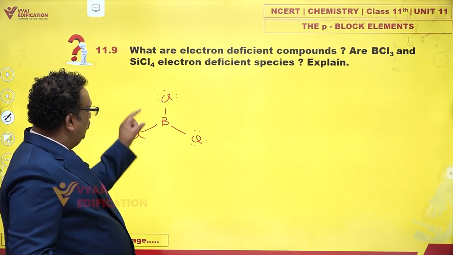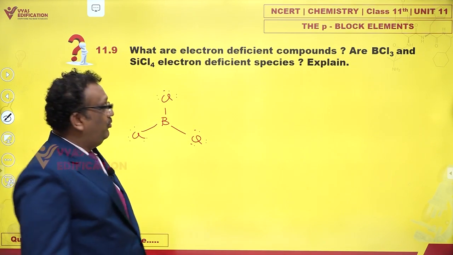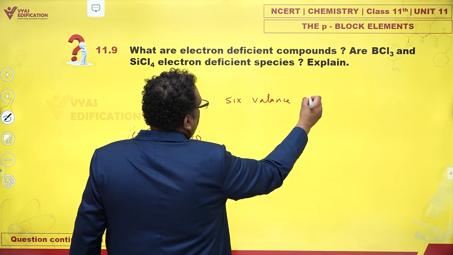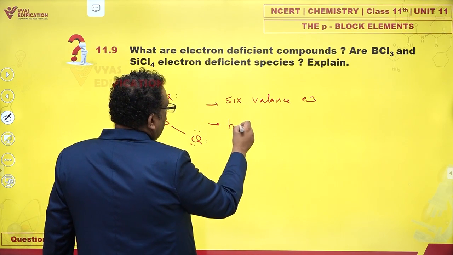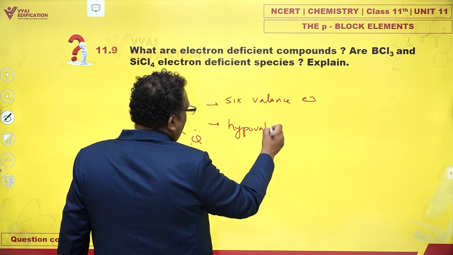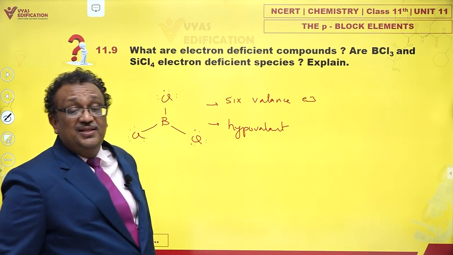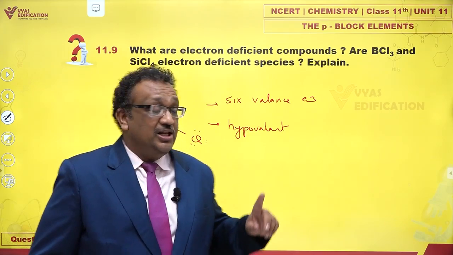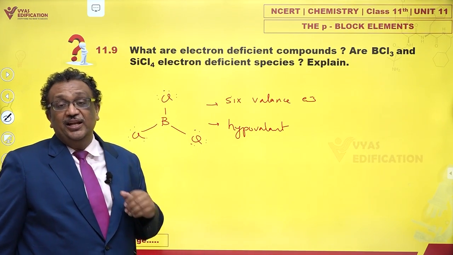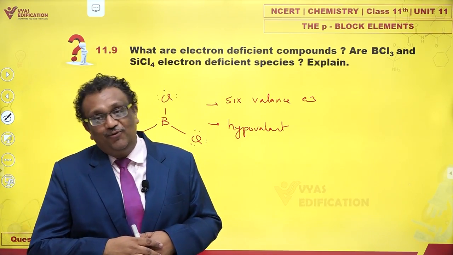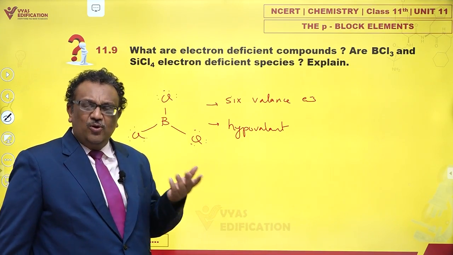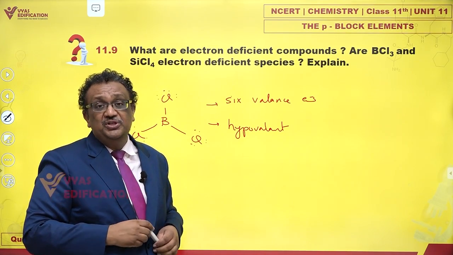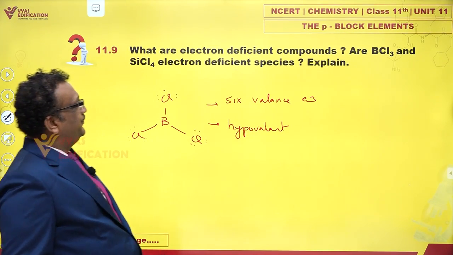If you count the electrons, 2 plus 2 plus 2, you have 6 valence electrons. This is hypovalent. That means it has less than 8 valence electrons. That is why. Is it electron deficient? Yes, it is electron deficient because it has an incomplete octet of electrons. And such species are also Lewis acids. They have a tendency to beg and ask other molecules or species for a lone pair of electrons.